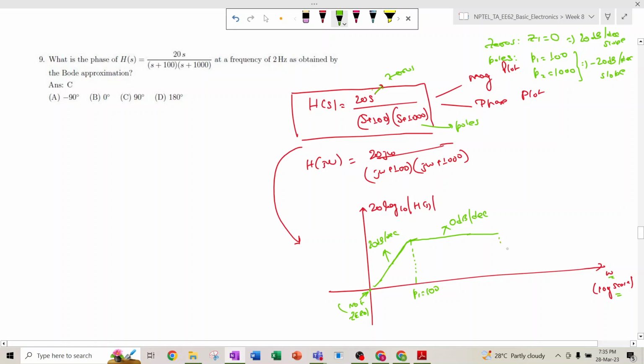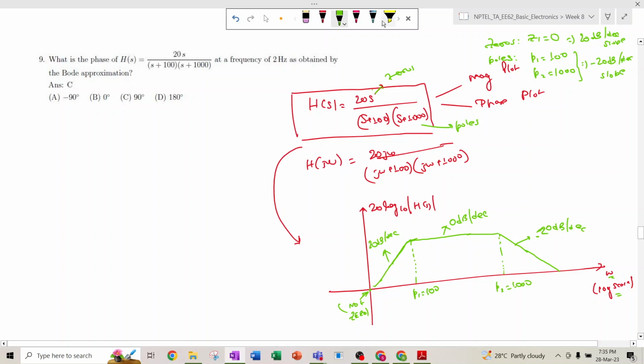After the 1000 point, it will go to minus 20 dB per decade.